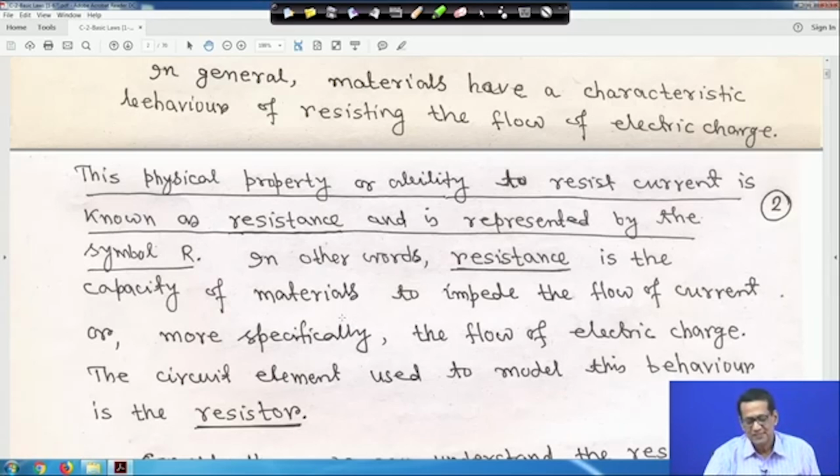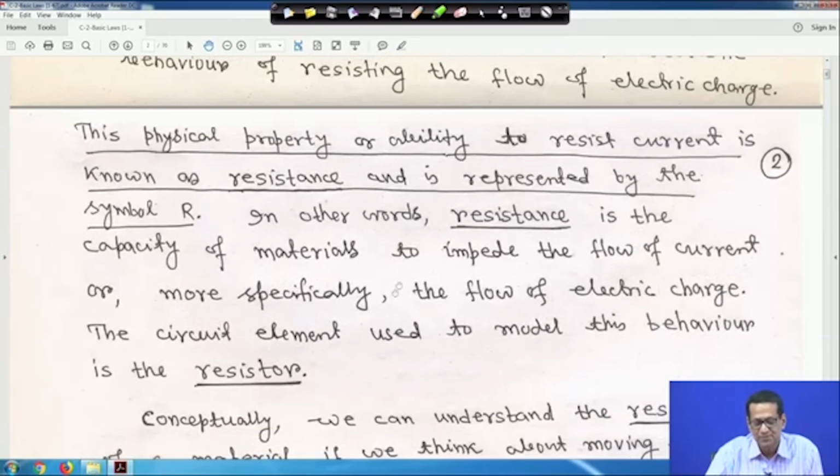In other words, resistance is the capacity of materials to impede the flow of current, or more specifically the flow of electric charge. The circuit element used to model this behavior is the resistor.